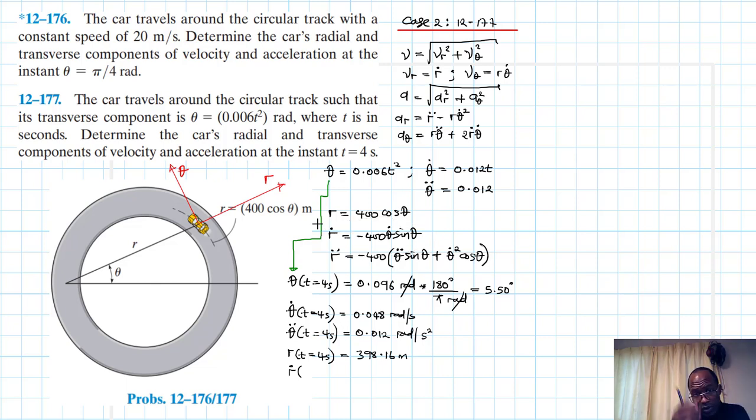Let's plug in all what we have. So we have minus 400 times theta dot, which we found as 0.048, then times sine theta, which is 5.5.